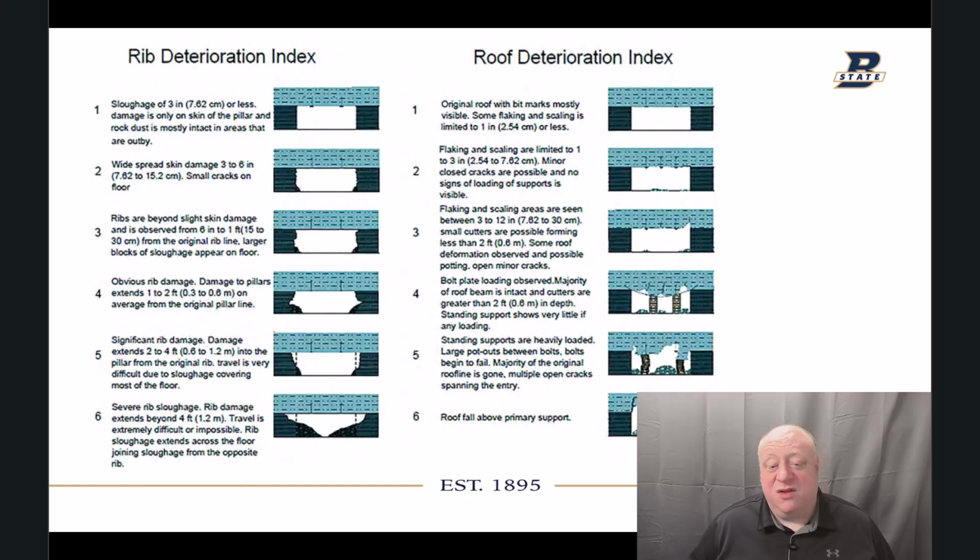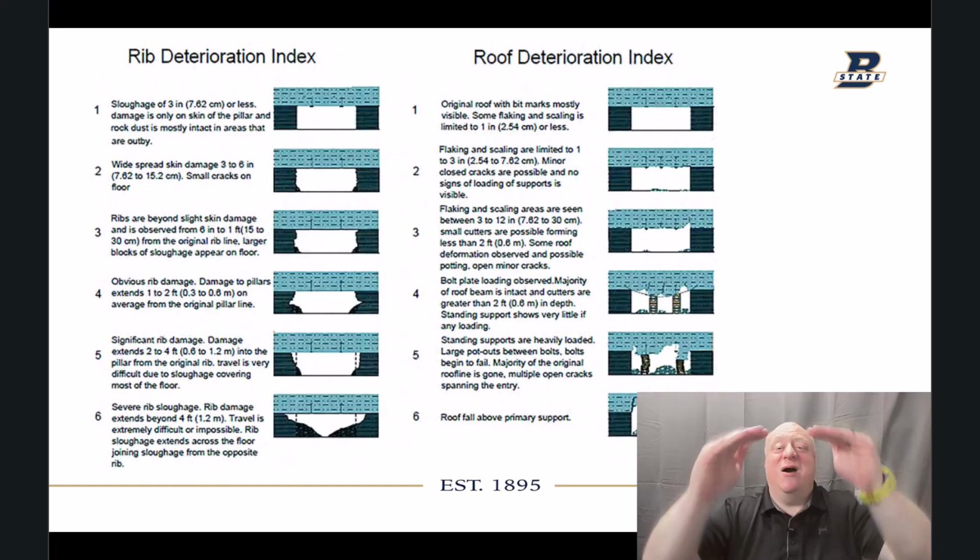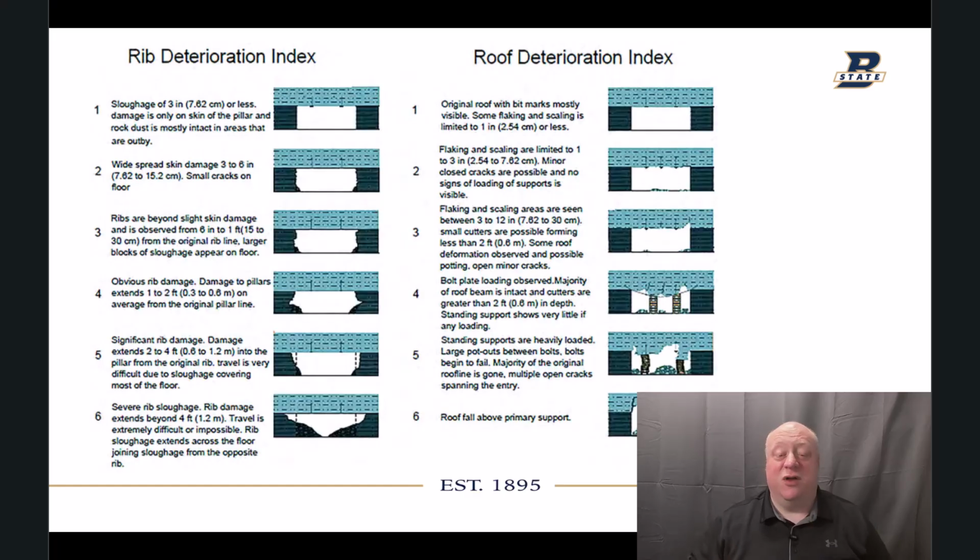If you observe loading on the bolt plates, so the bolt plates are bending, right? You see those bending down in towards the roof, then that bolt is loading up. If that's relatively widespread and not just a single bolt, or your cutters are greater than 2 feet, or you have some standing support in there showing some load, not a lot, but it's just started to hold something back, then you're looking at a 4.